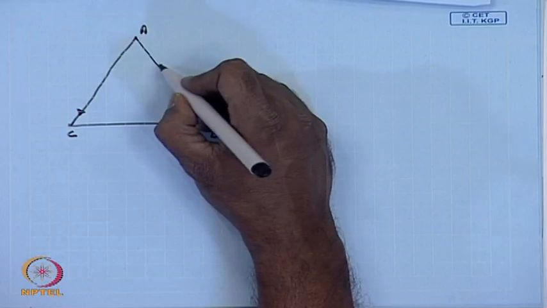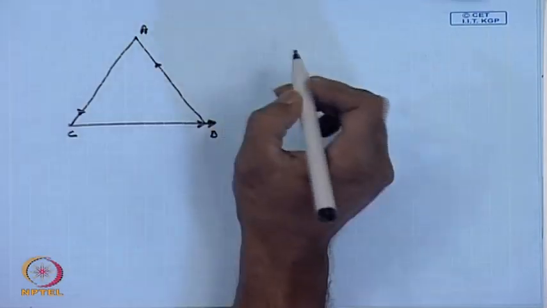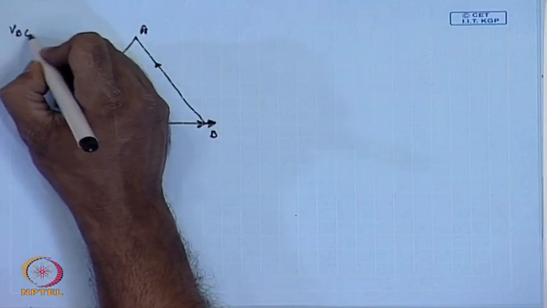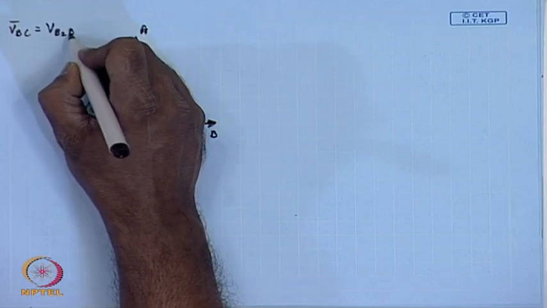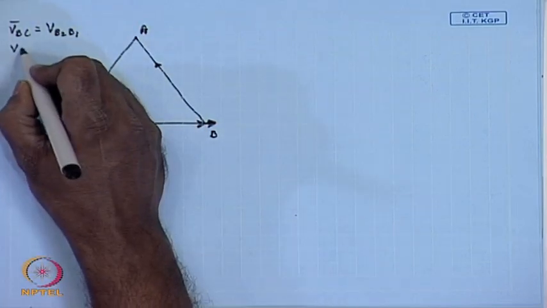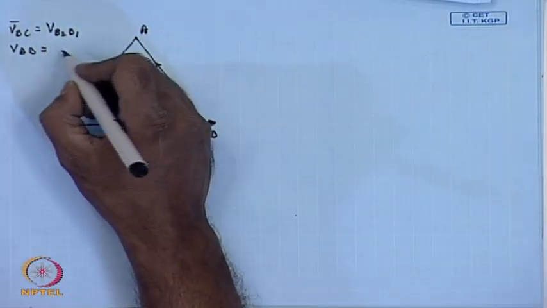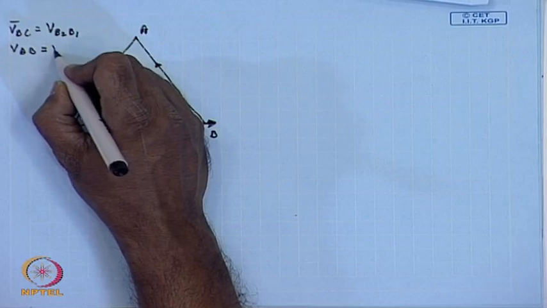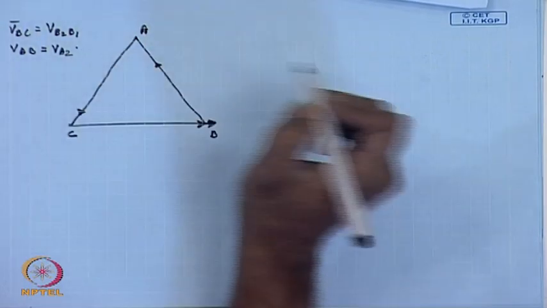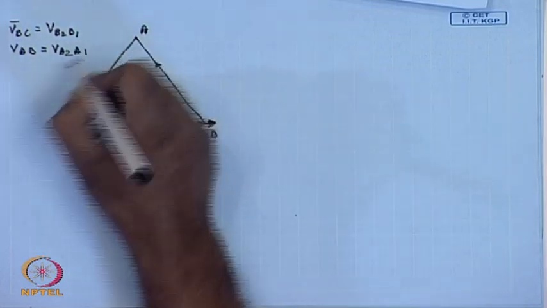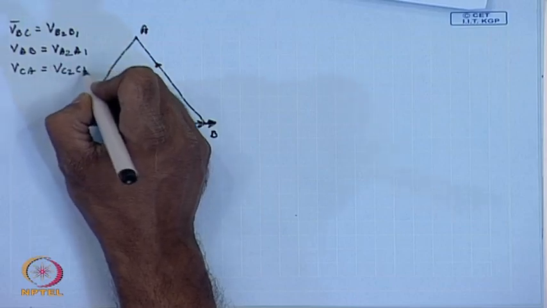So, this is BC, this is AB, this is CA. So, here we have actually VBC equal to V B2 B1, VAB equal to V A2 A1, and VCA equal to V C2 C1.